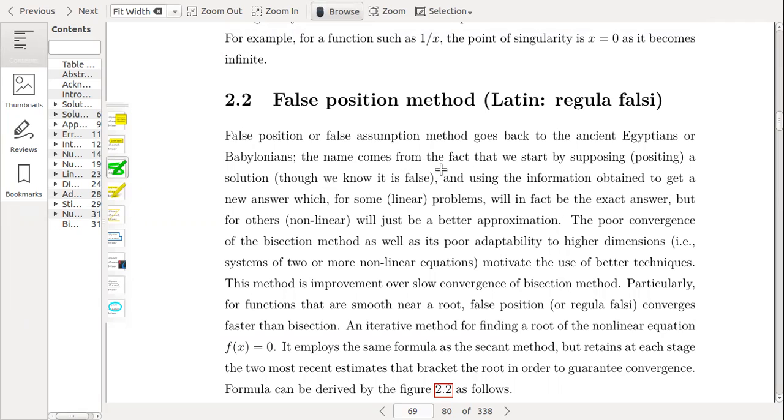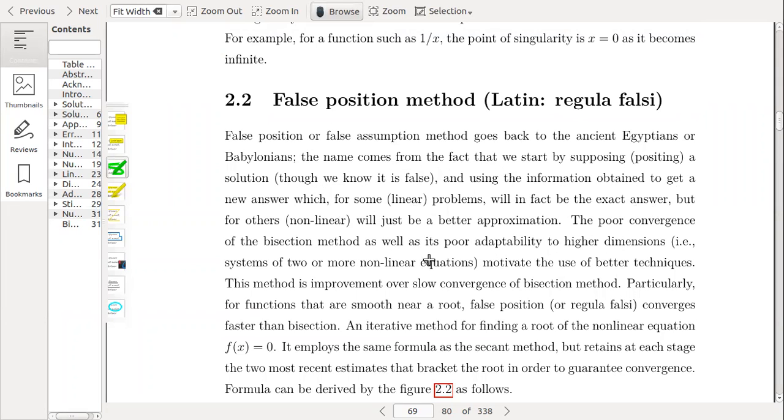The name comes from the fact that we start by supposing, positing our solution, though we know it is false, and using the information obtained to get a new answer, which for some linear problems will in fact be the exact answer, but for others, nonlinear, will just be a better approximation.